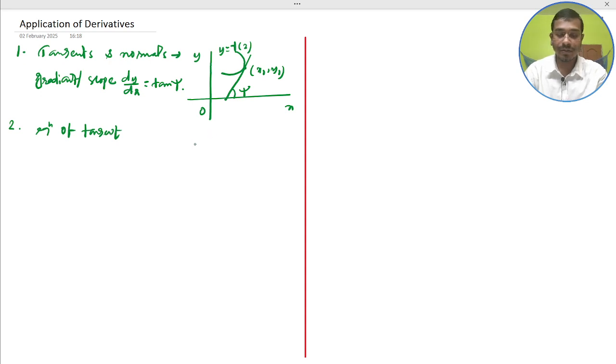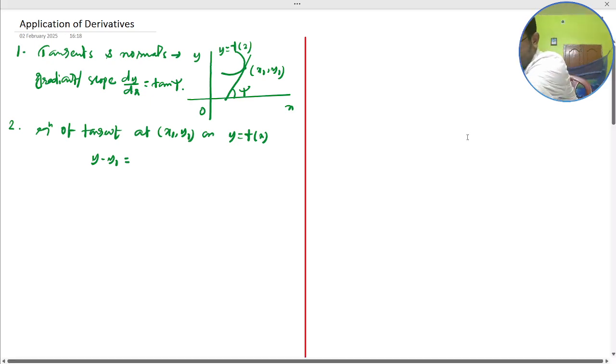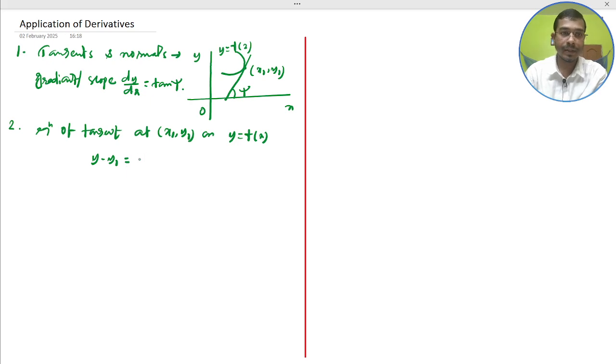So the equation of tangent at point x1, y1 on the curve y equal to f(x) will become y minus y1 equal to dy/dx at the point (x1, y1) into (x minus x1).